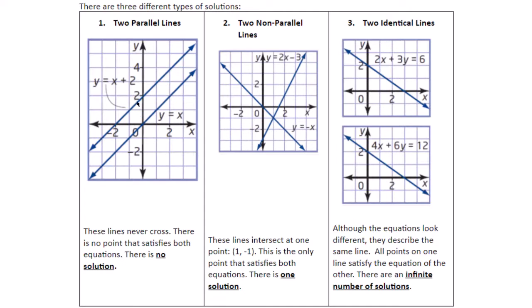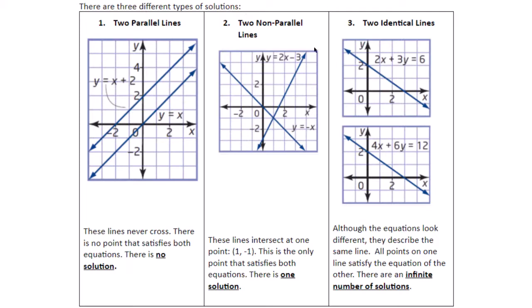And if they never meet, then there is no point that satisfies both equations. Therefore, there is no solution. So when the linear system involves two parallel lines, they do not cross.